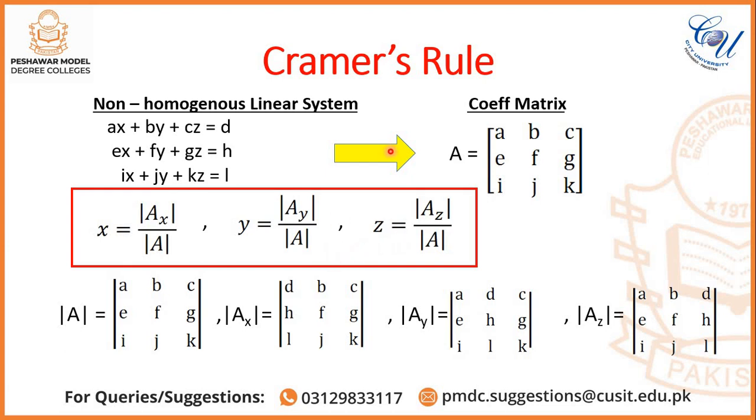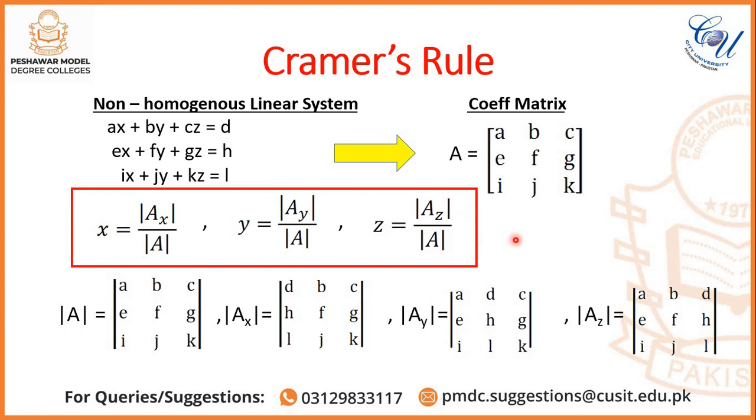So this is a simple Cramer's rule, right? And also keep in mind that the determinant of A must be non-zero. If the determinant of A is non-zero, then the solution will exist and there will be exactly one solution. And if the determinant of A is equal to 0, then the solution is not possible, because 0 comes in the denominator.